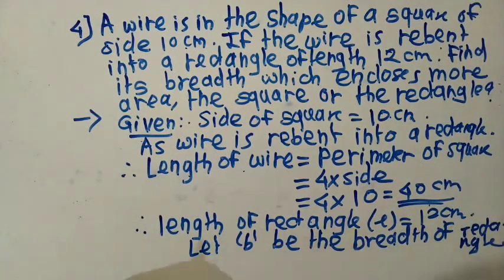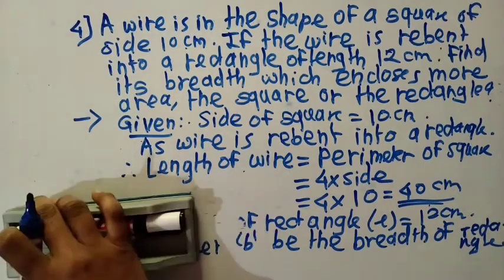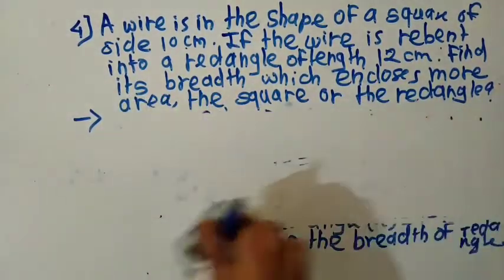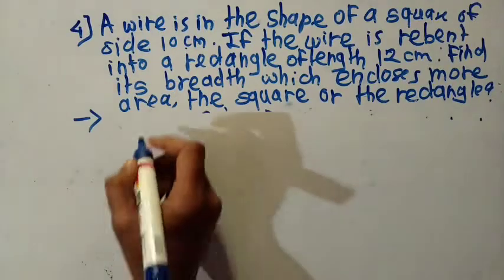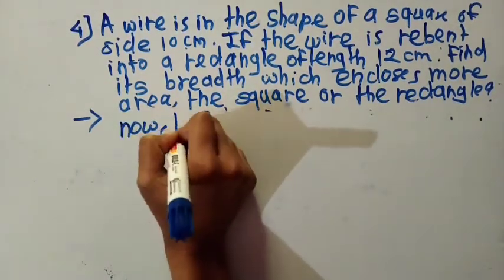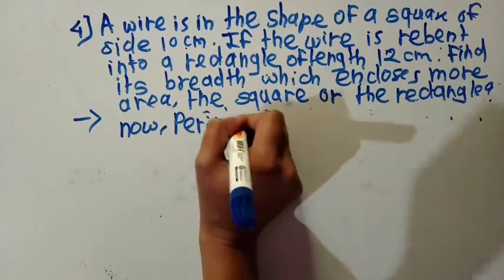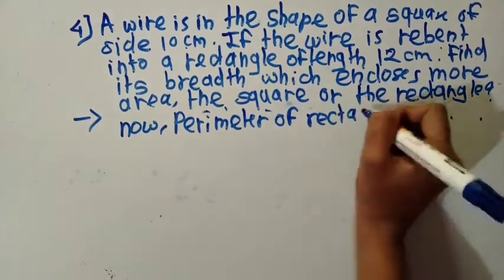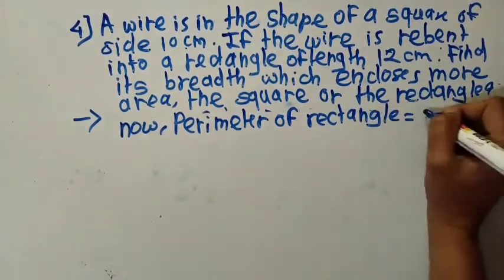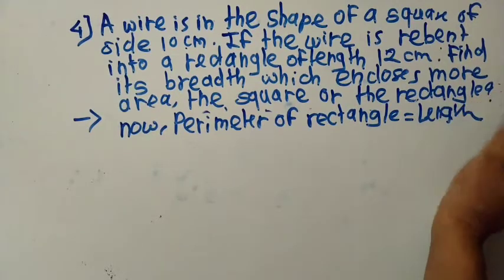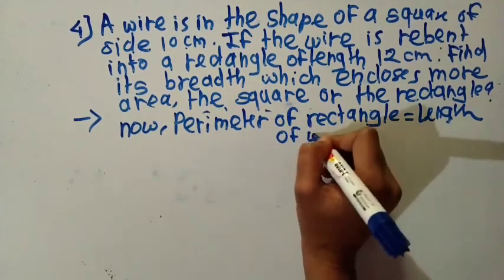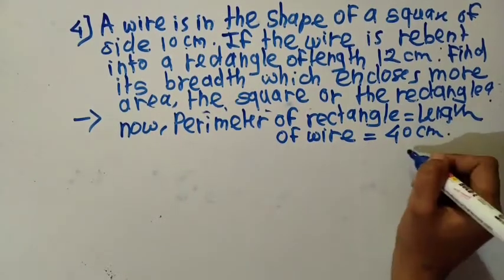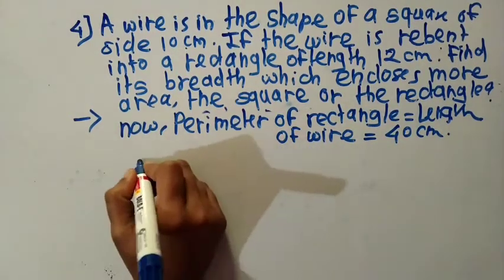Now here length of wire is 40 centimeter. Now perimeter of rectangle is equal to length of wire. Length of wire is equal to 40 centimeter.